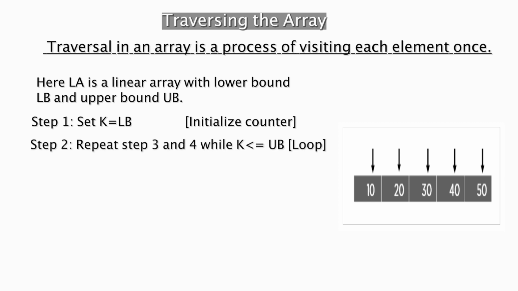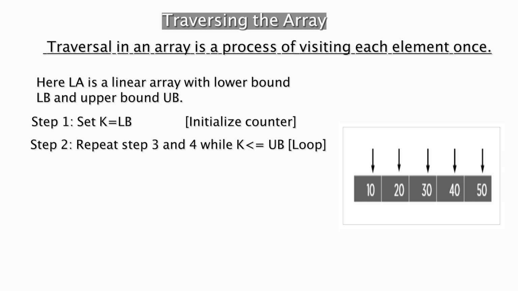Step 2. Now, we apply a loop. Repeat steps 3 and 4 while k is less than or equal to upper bound. One by one we have to fetch all the elements inside the array. As I told you, array is a contiguous memory location. One by one all the addresses will be fetched by the k pointer from lower bound to upper bound.